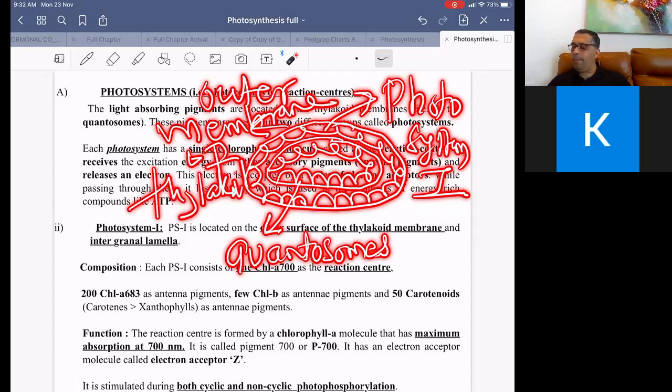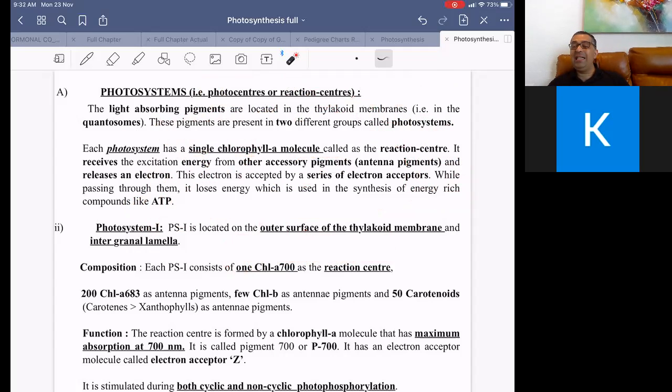And not only the outer membrane of thylakoid has photosystem 1, photosystem 1 is found in the intergranal lamellae. तो ये है thylakoid, उसके आउटर मेम्ब्रेन पे तो है.